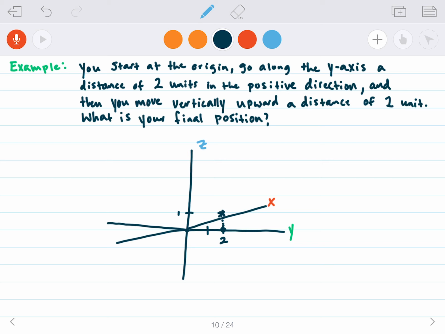And what point is that? Well, we're not moving in the x direction, so x is 0. We moved 2 in the y direction, so y is 2. And we moved up 1 in the z direction, so z is 1. So this is our final position here. This is our point.